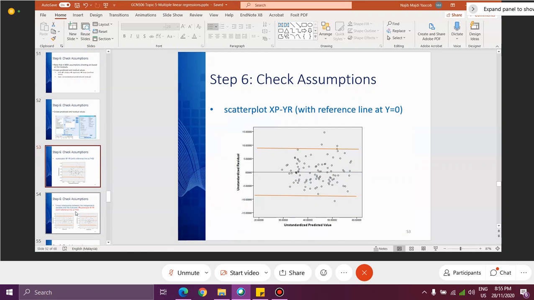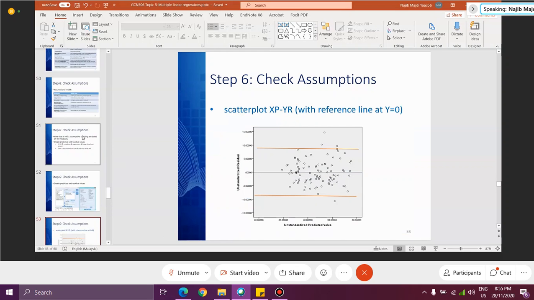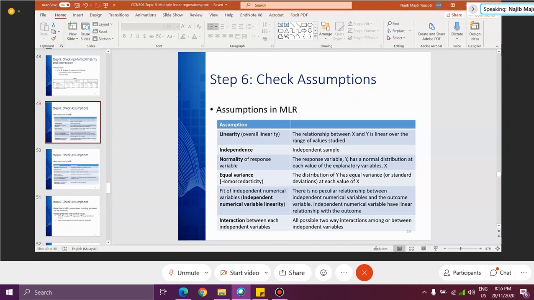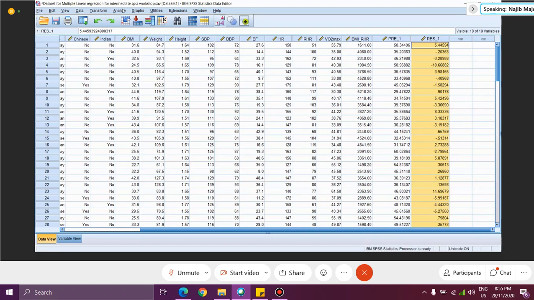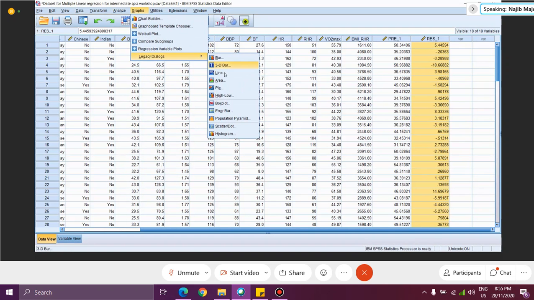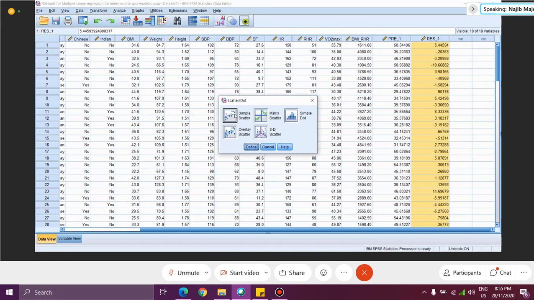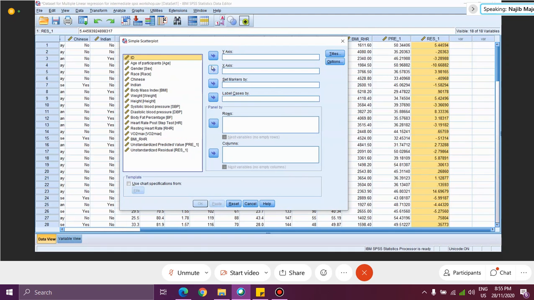Okay, so the first one is we generate a scatter plot of X predicted and Y residual, to check for the assumption of overall linearity and the assumption of equal variance. So go to Graph, Legacy Dialog, Scatter plot, Simple Scatter, X predicted, Y residual.